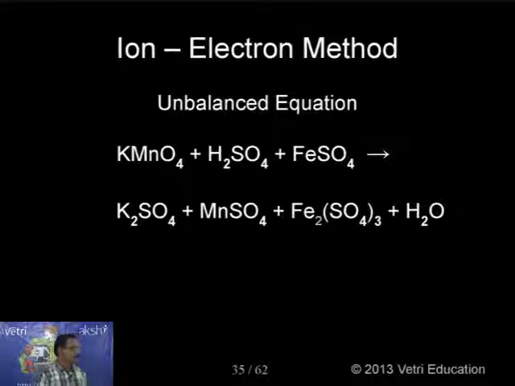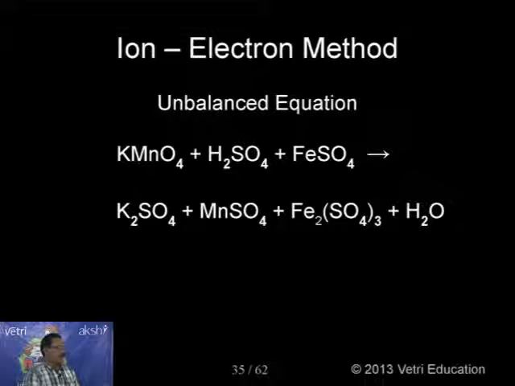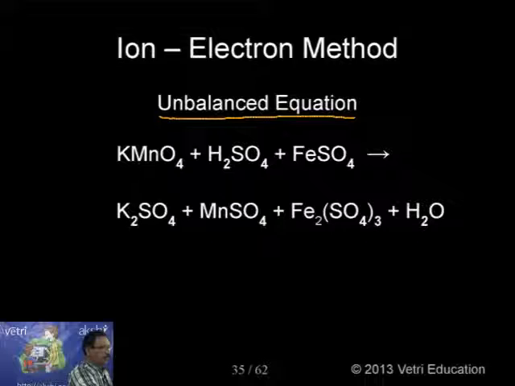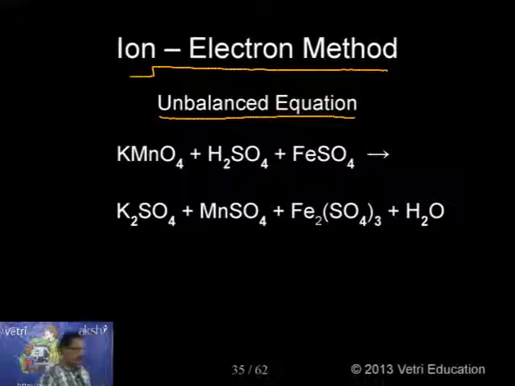Kindly follow me. What we are seeing here in the equation is a redox reaction. It's an unbalanced equation. So, I am going to teach you how to balance this equation by the ion-electron method.